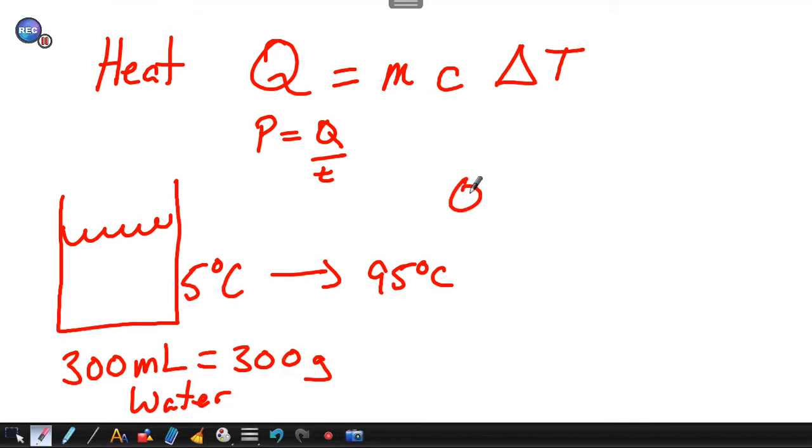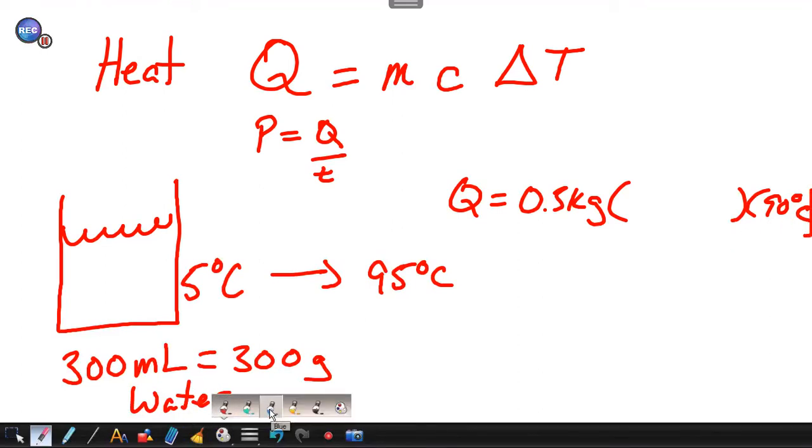So Q here is going to be 0.3 kilograms. And then we'll have C here in a minute. And then we'll have 90 degrees Celsius as our change in temperature.